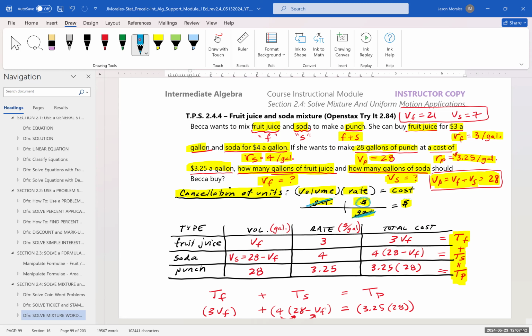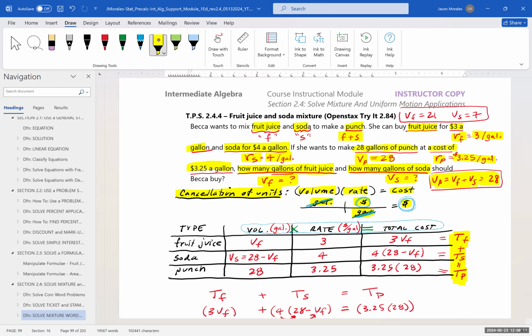And that will give us, when we multiply volume times rate, a cost in dollars only. So the relationship between cost, volume, and rate is that volume times rate equals cost. And that's how we set up the top of this table. Okay, so what we've got is volume times rate equals cost.